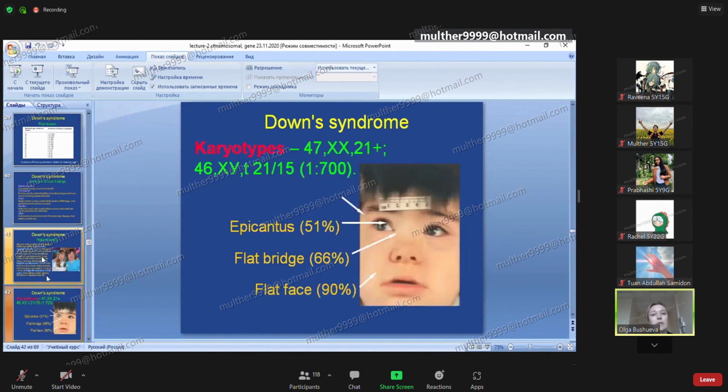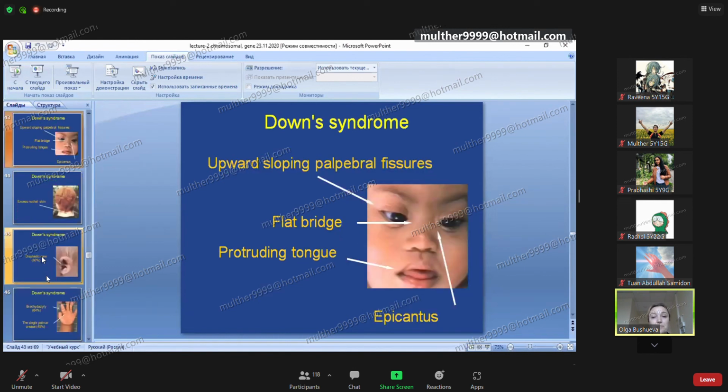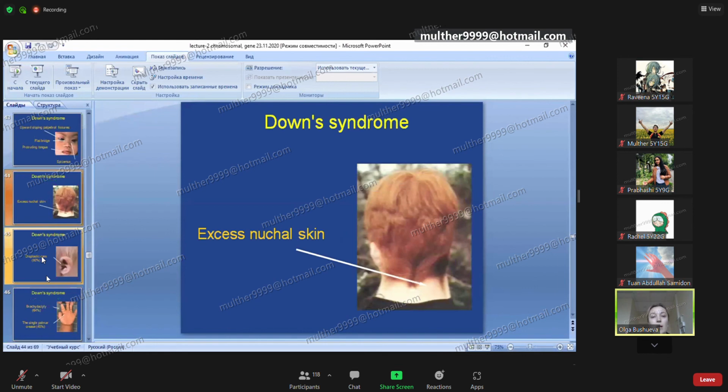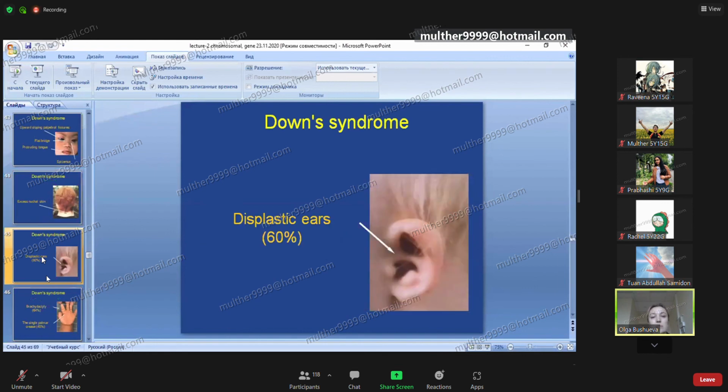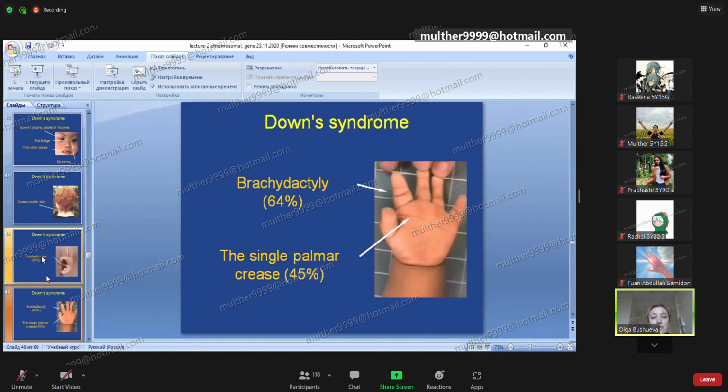So here you can see an example of epicanthus, flat bridge, a flat face, protruding tongue, epicanthus also, excess nuchal skin, dysplastic ears, brachydactyly, the single palmar crease.